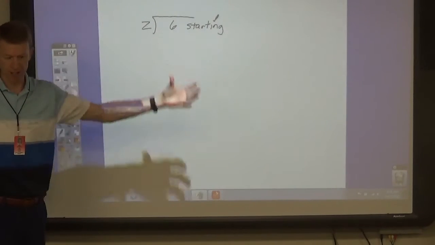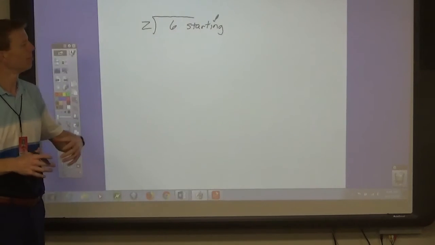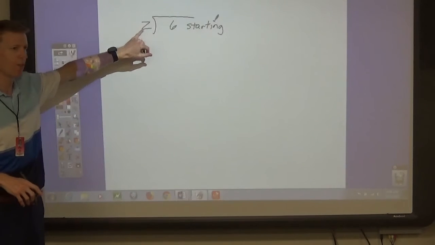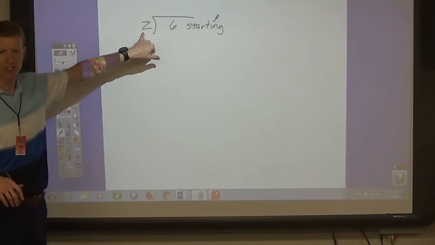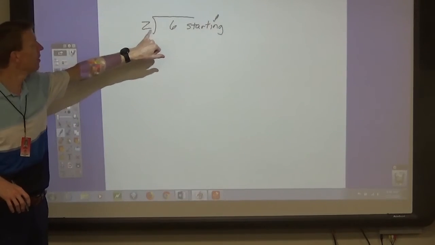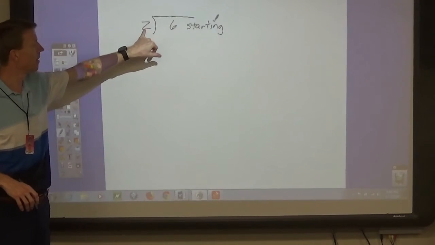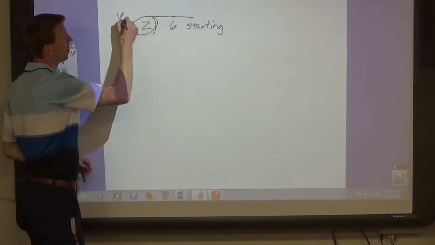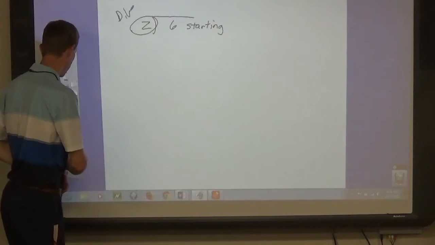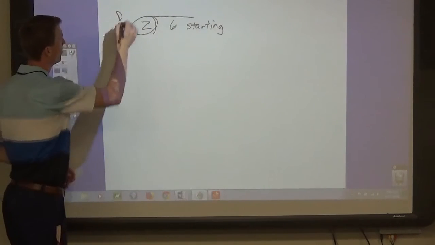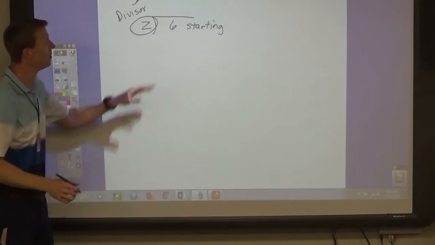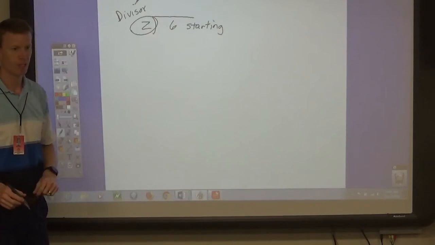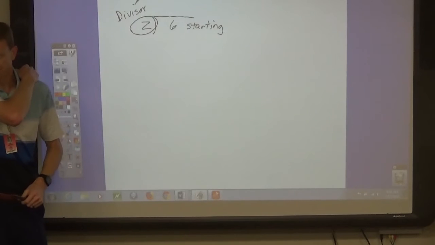Like if you have a big bunch of marshmallows, or z, let's see, you have a whole herd of zebras, and you're going to divide them up. This is called the divisor. Okay, dividend and divisor.